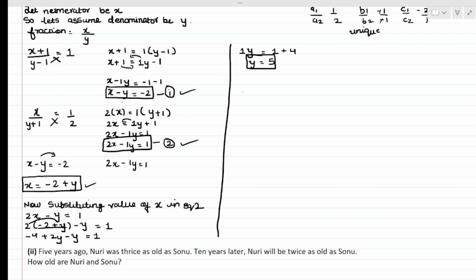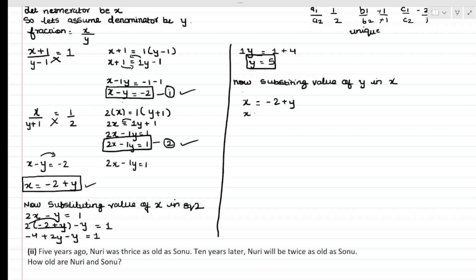Right now I'm substituting my value of y in x. What is my value of x? My x equals minus 2 plus y.